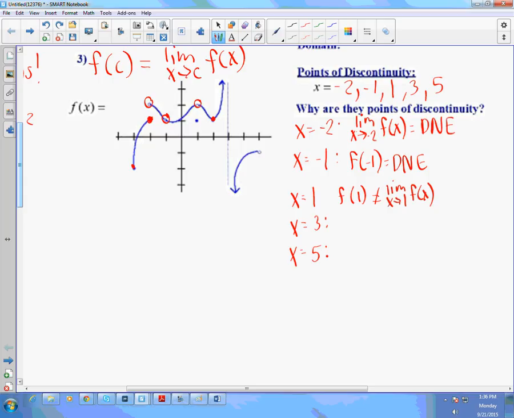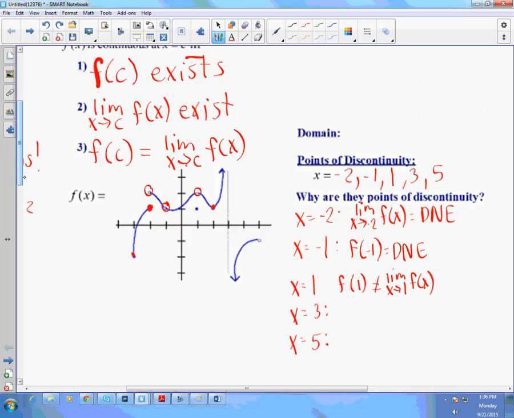Okay, what do you think about x equaling 3? So just go down the list. Does f of c exist? Does f of 3 exist? No, right? Because it gets closer and closer to x equals 3, but never actually touches.